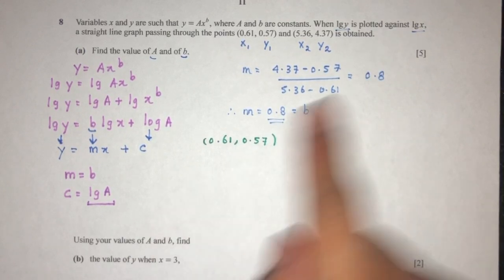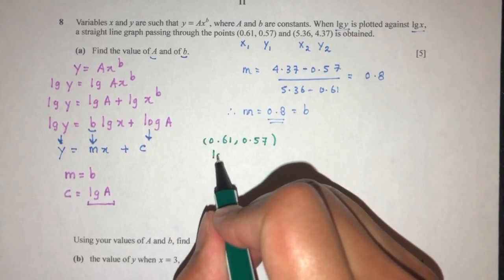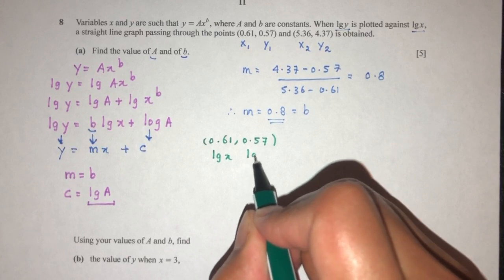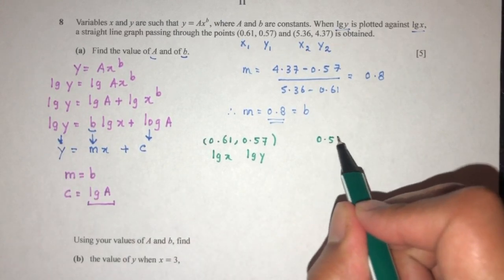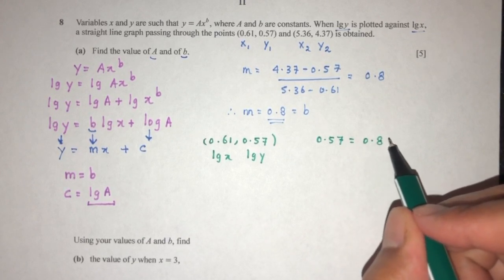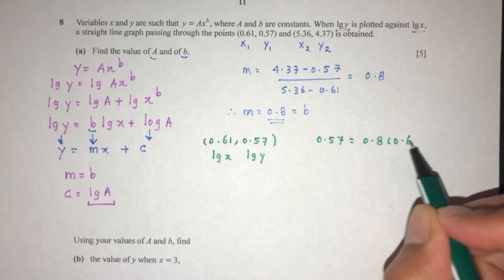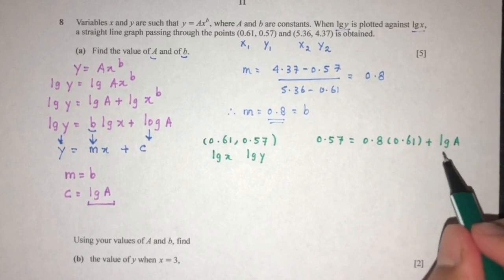Again, because we have log y against log x, we understand that that will be log x and that will be log y. Replace back in your equation, you will have 0.57 equals b, which is 0.8, times log x, which is 0.61, plus log of a. Right, now we have to solve for this value.